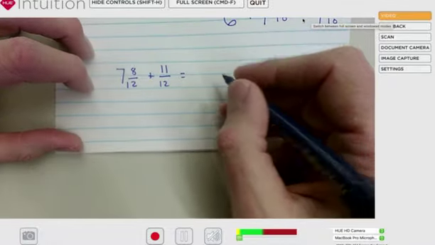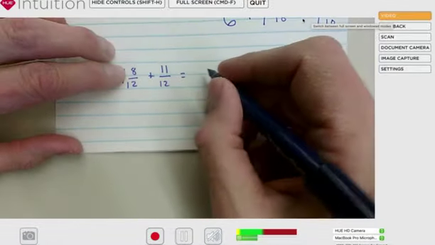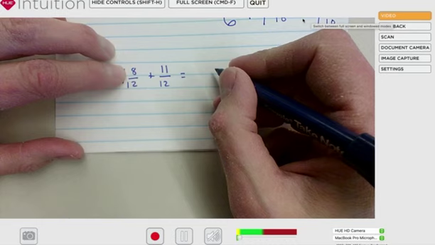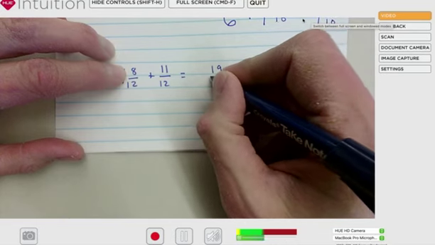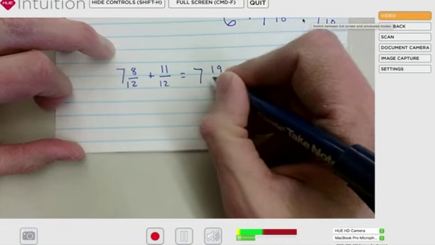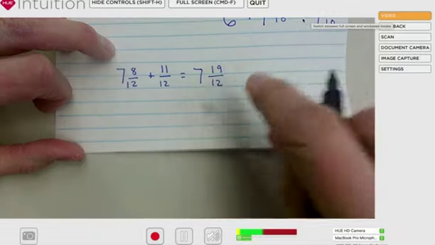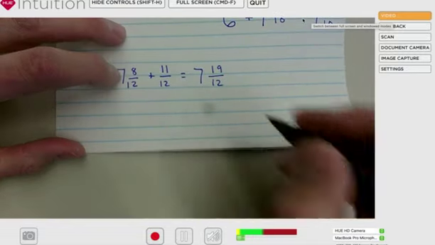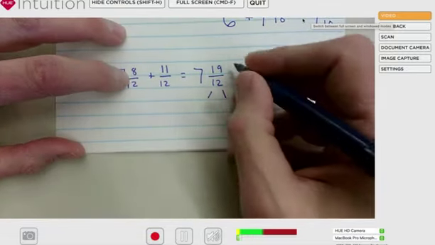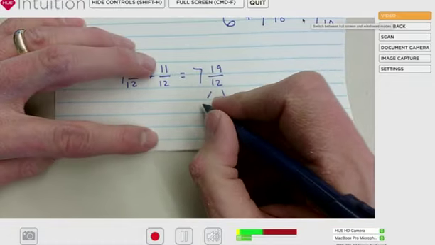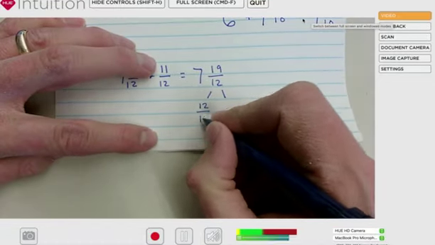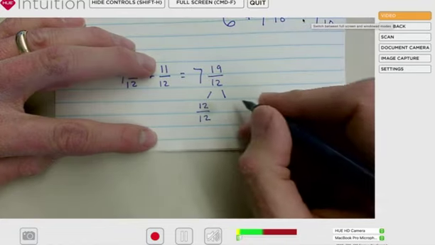Okay, welcome back. So the 7 we don't do anything to. 8 plus 11 is 19. We end up with 7 and 19 twelfths. Uh-oh, that's a naughty. No, we can't have 19 twelfths. So you're going to take this greater than 1 fraction and decompose it into 12 twelfths, which is just equal to 1.